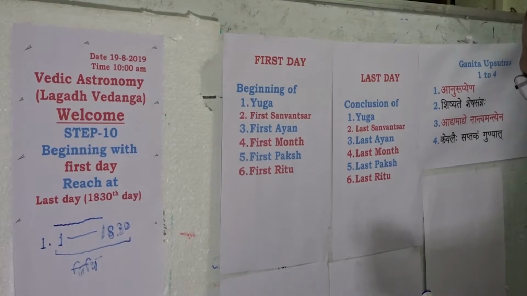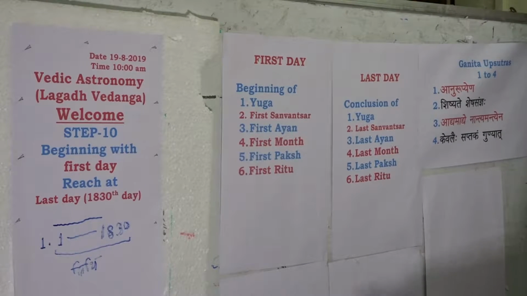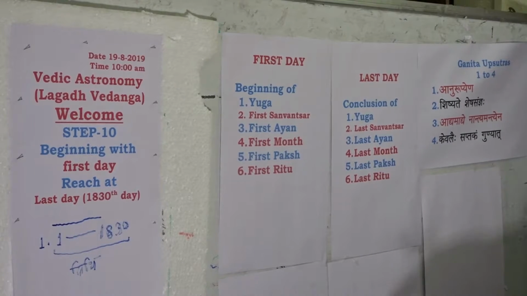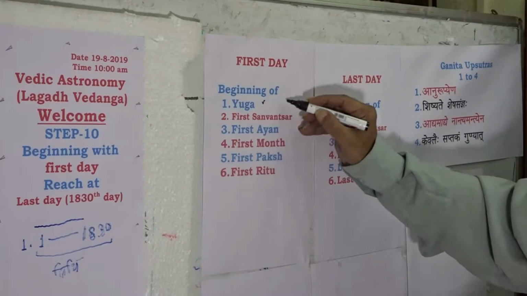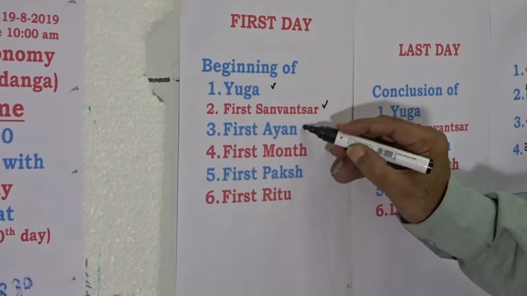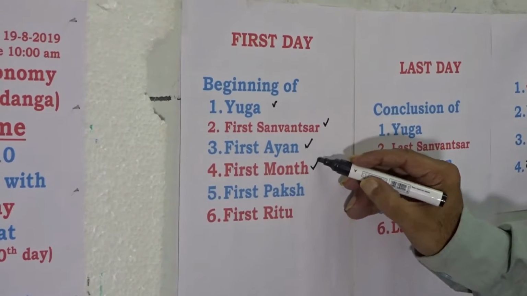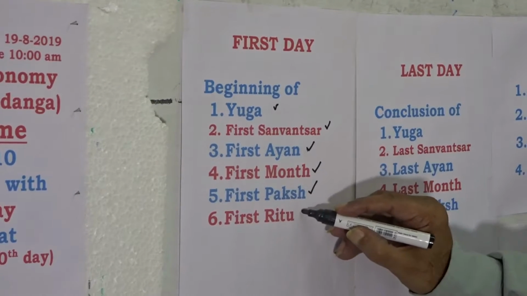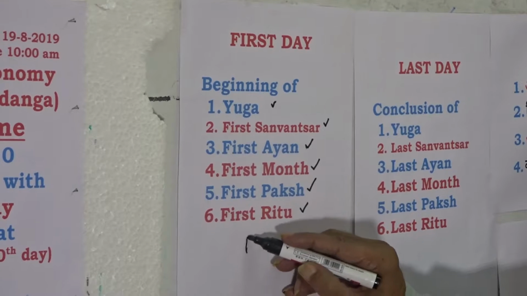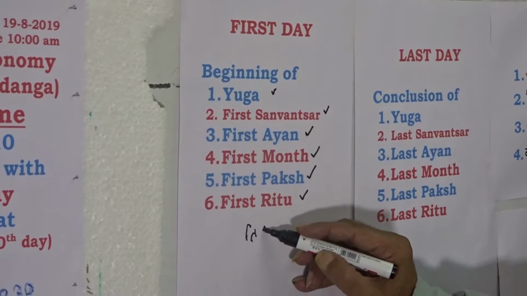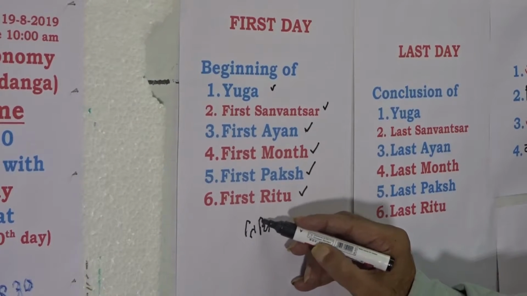For this coverage we have technical terms: yuga, samvatsar, ayan, month, paksh, ritu, and naturally tithi, or the day, as the seventh term.